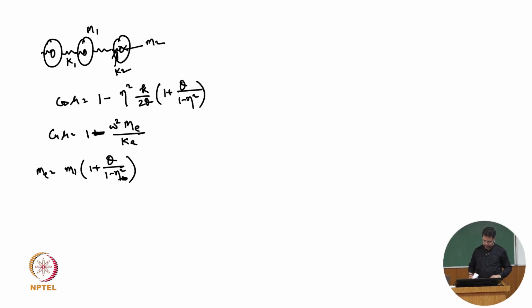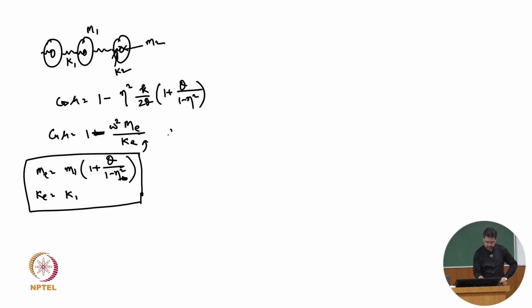And k effective equal to k1, that we know. So now if we substitute these two things here, then my cos mu becomes 1 minus omega square divided by k1 by m1 into 1 plus theta divided by 1 minus eta square.